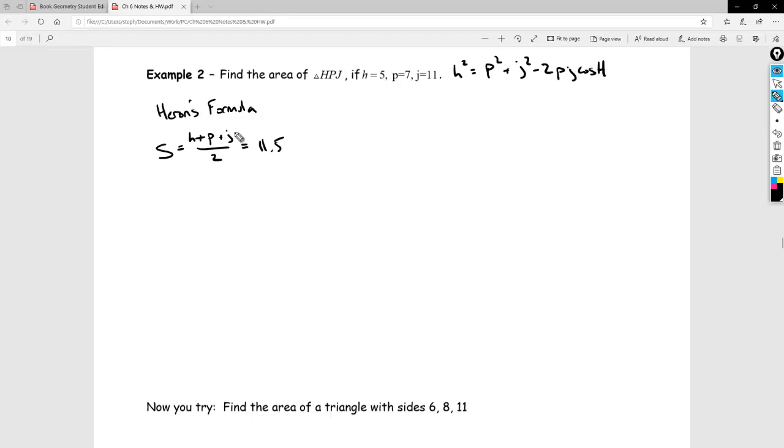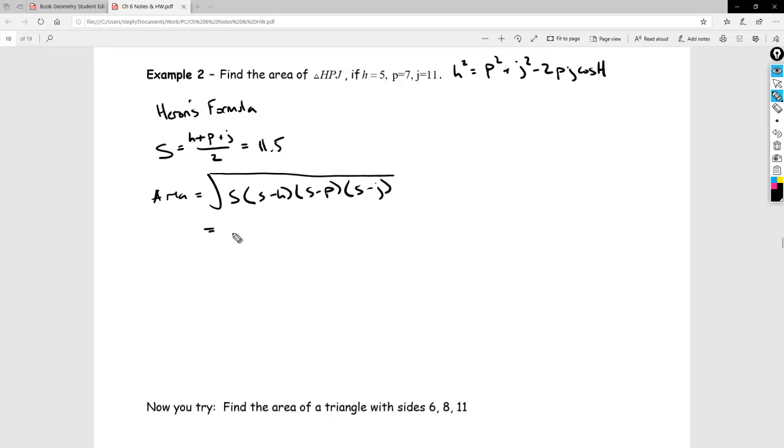Okay, so Heron's formula is great if you have all of the side lengths and no angles. You just add all of the side lengths together, divide by 2, that's our semi-perimeter, or half our perimeter, and then we just plug into an area formula. So our area is the square root of S times S minus H times S minus P times S minus J.